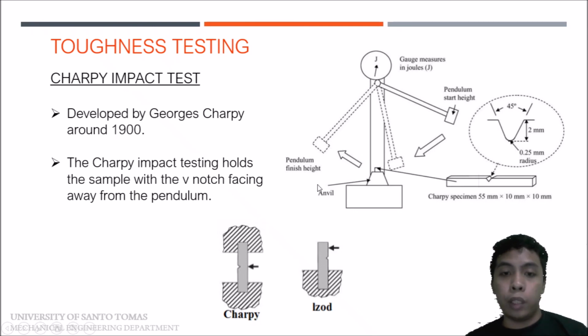Next is the point of contact. Charpy strikes at the middle part, while Izod strikes at the top of the specimen. So that is the difference between the two. And the measurement of impact in terms of energy, or joules, is read here on our analog gauge.